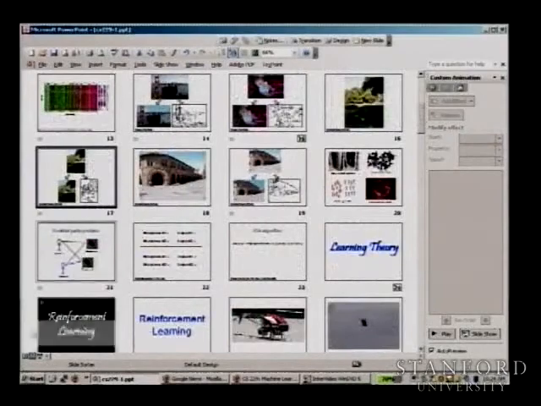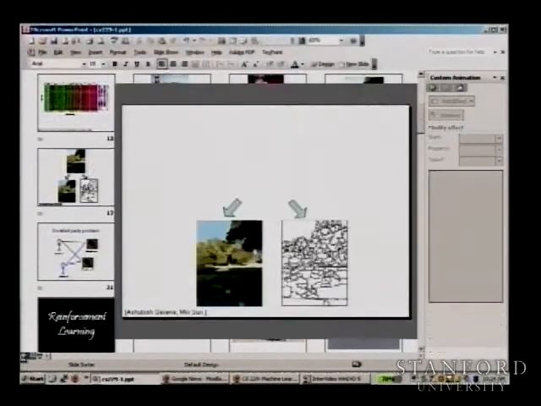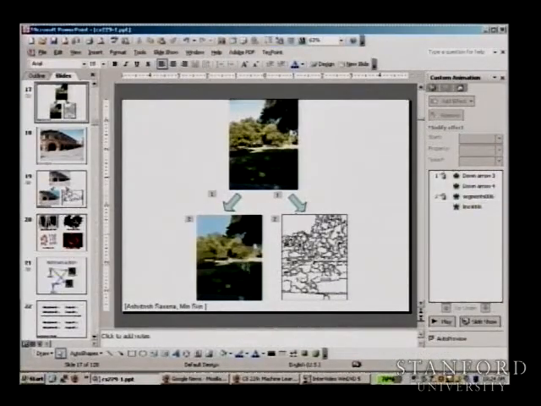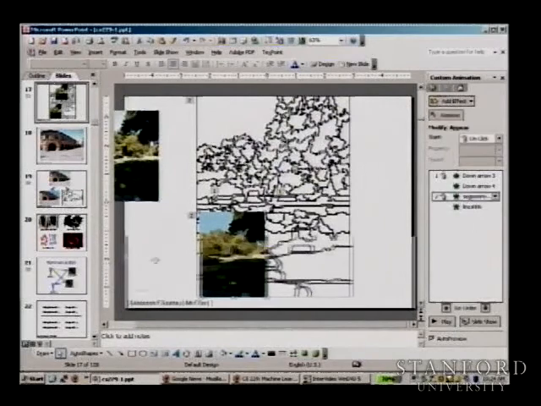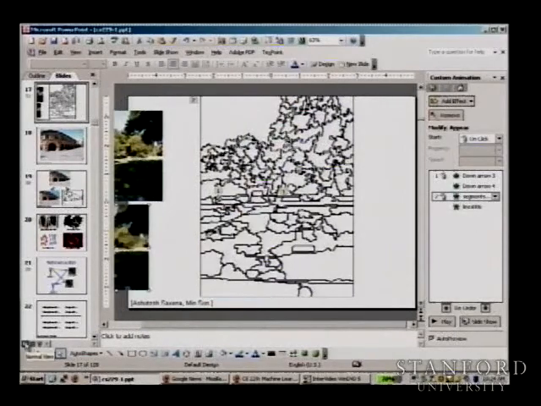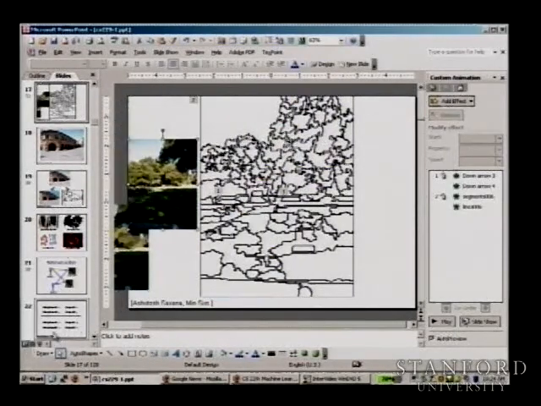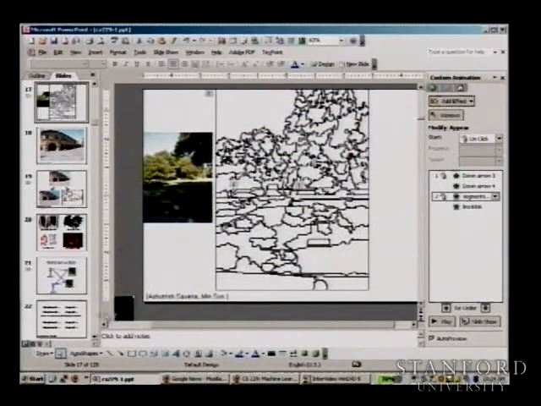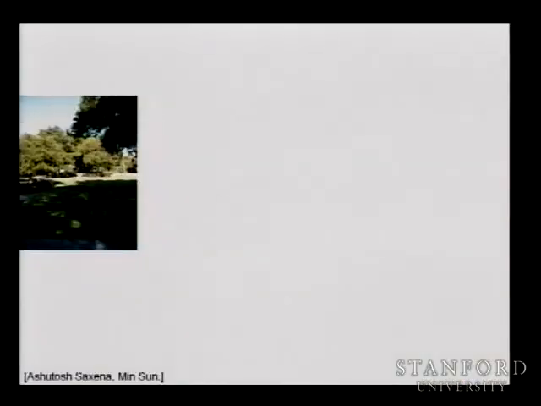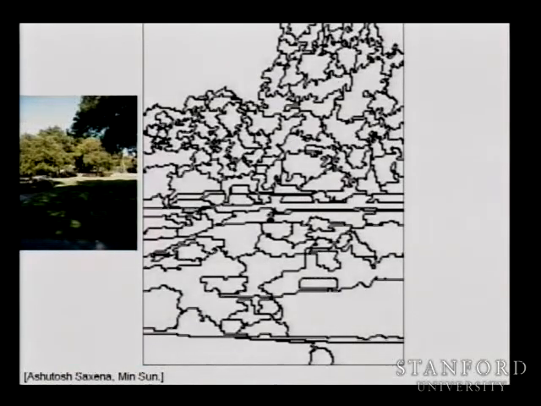Let me blow that up so that you can see it more clearly. Okay, so in the middle you see the lines grouping the image into contiguous regions.